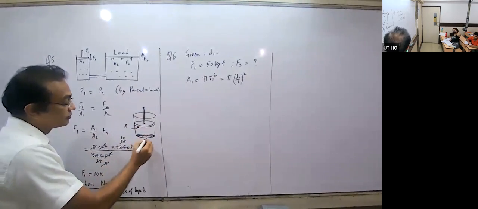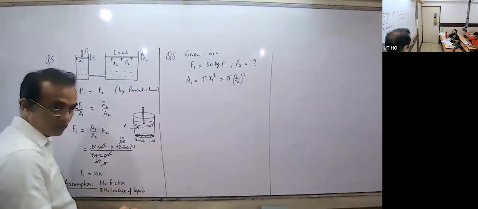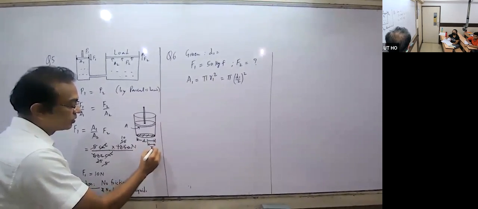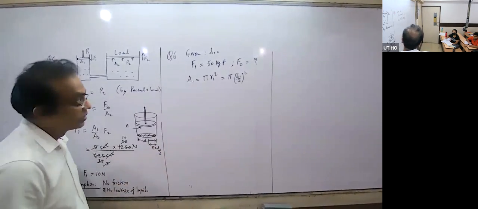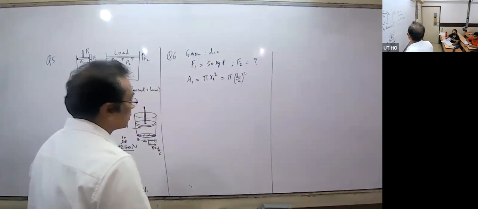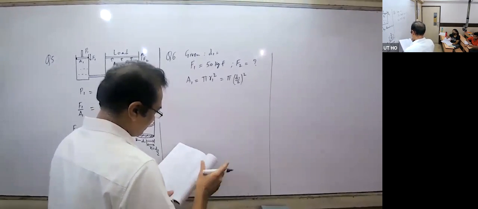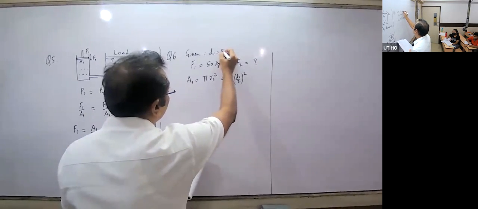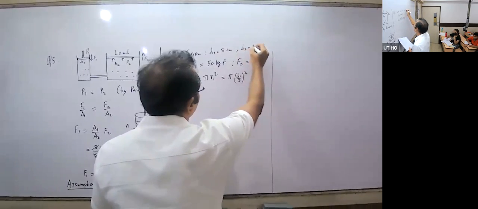So this is the full diameter D1 or D2, whatever. So radius is D1 by 2. Got it? So that's why we have taken this. And what is D1? 5 centimeter. The other one, D2, is 25 centimeter.